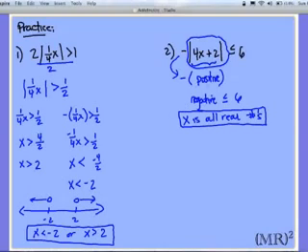Now, if you didn't realize that, you could have set up the situation as either the positive 4x plus 2 and then add the negative, or you could have had the negative 4x plus 2 less than or equal to 6.